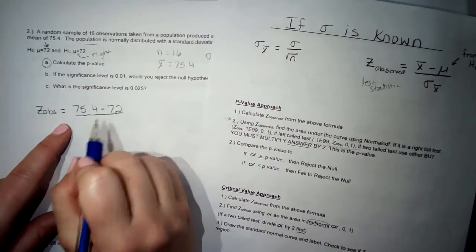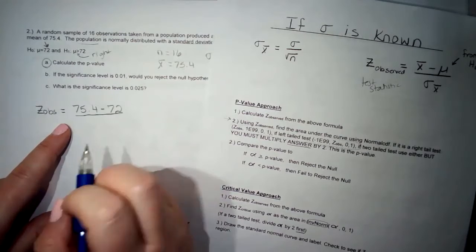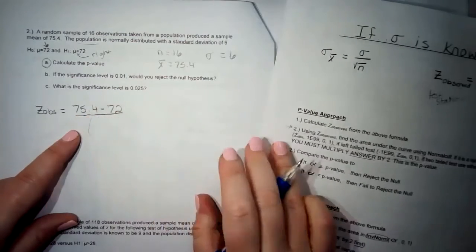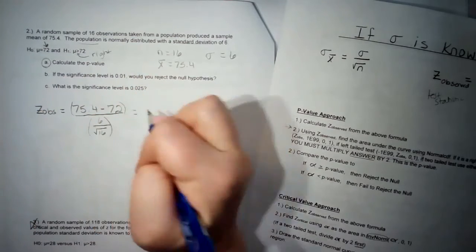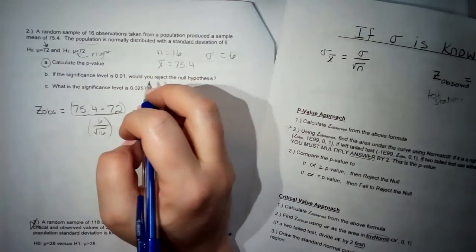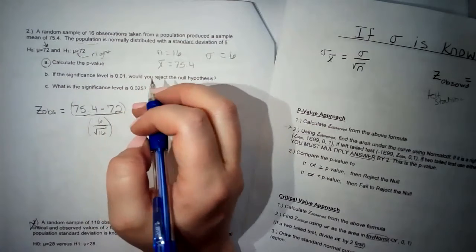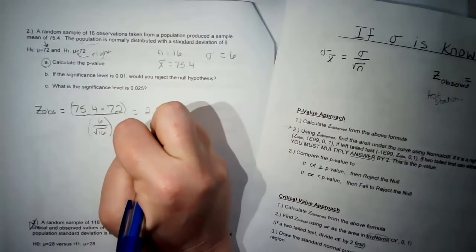Okay. Divided by sigma x bar, but remember, that's going to be sigma divided by the square root of n. Okay, so my Z observed, let's see, what did I get? 2.27. All right, we did it. Okay, let's go to our next step.